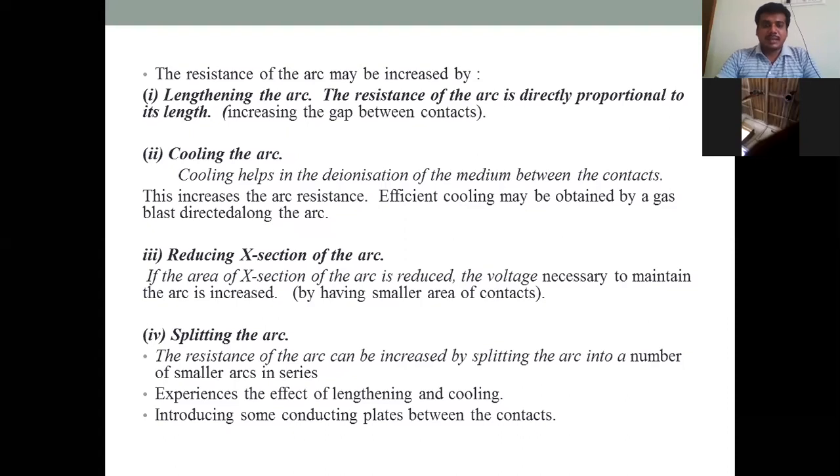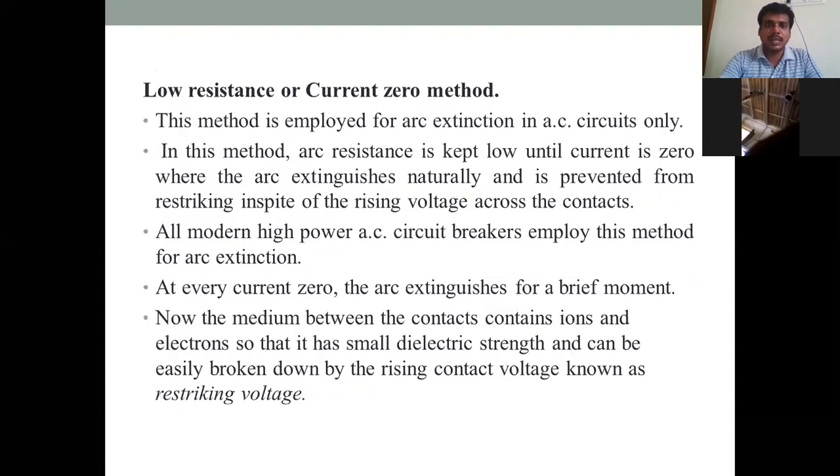This can be done with the help of lengthening or by cooling. Or by introducing some plates between the contacts, you can split up the arc into different smaller arcs. In this way the resistance of the arc can be increased. These are the different ways which can be used for reducing the arc.